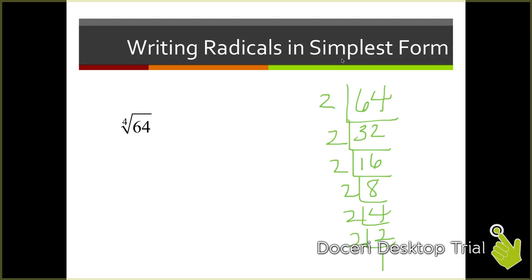Now, because I have a fourth root in my index, the trick to this is to find a factor, like 2, that happens in a group of 4.